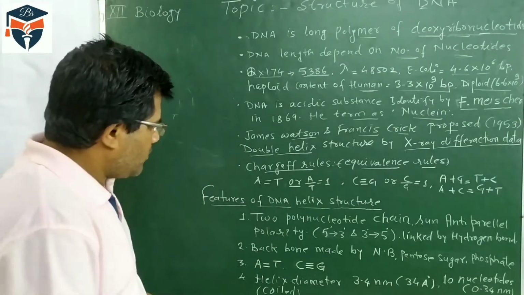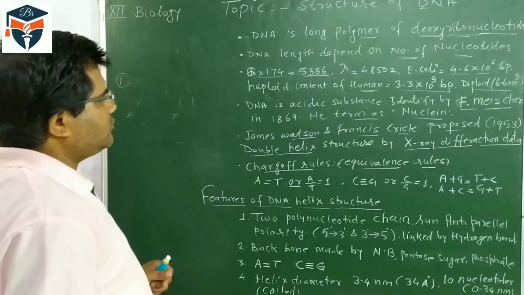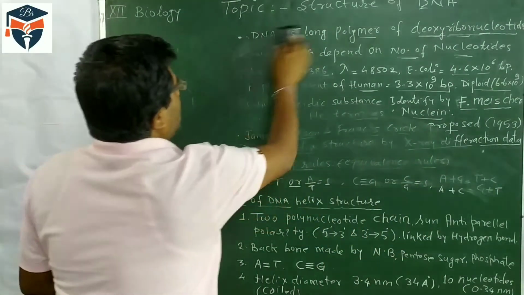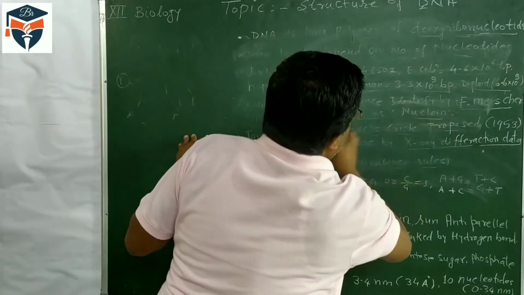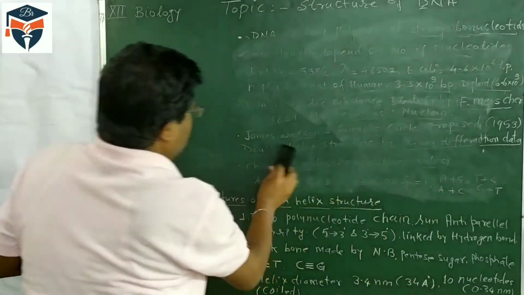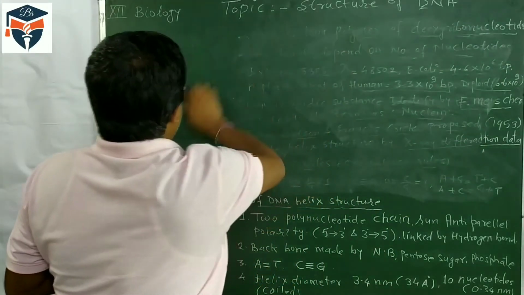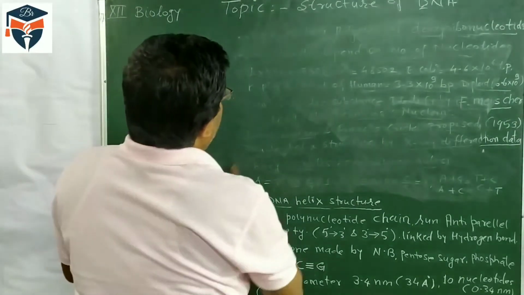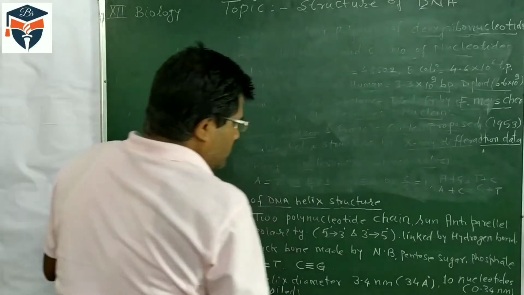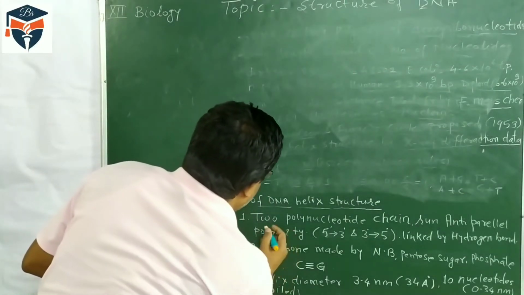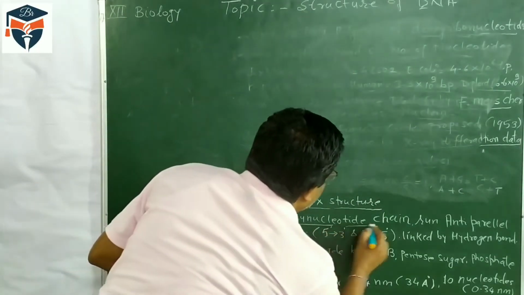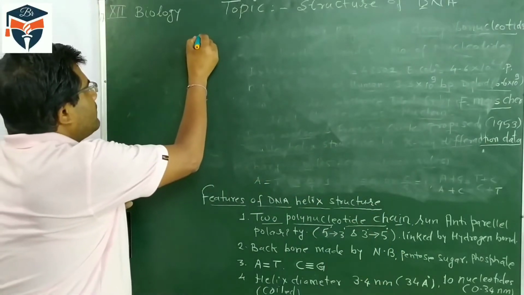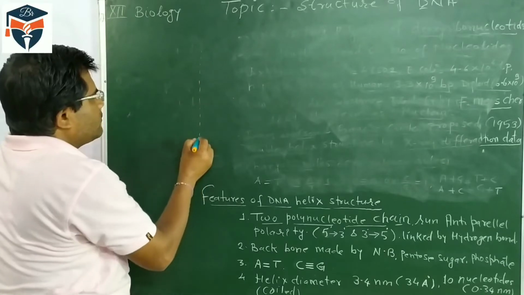Now we have to understand the double helical structure of the DNA molecule. First, the DNA molecule has two polynucleotide chains.